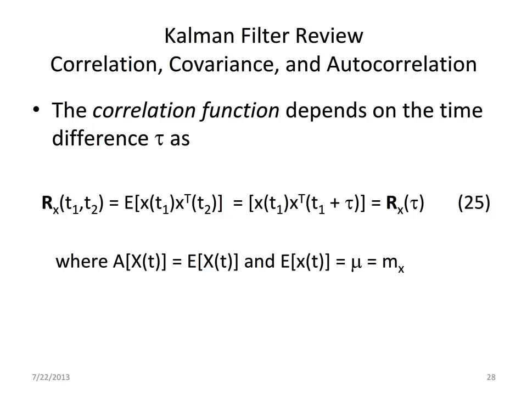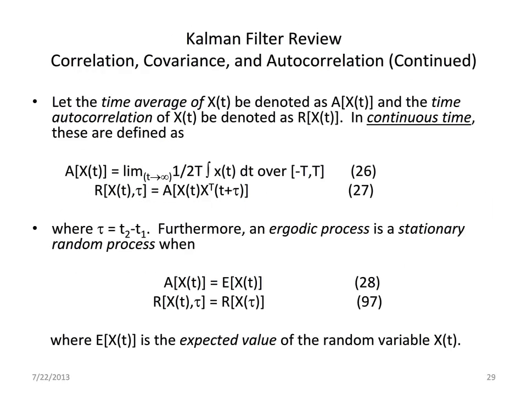Moving along, we'll discuss the correlation, covariance, and autocorrelation within a Kalman filter construct. The correlation function depends on the time difference tau, as this capital R sub x for state x at times t1 and t2 is the expected value of state x at time t1 times the transpose of that at time t2, in matrix notation, and then you'll see that's R sub x at tau.